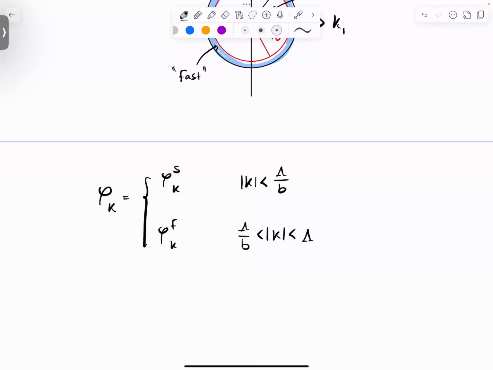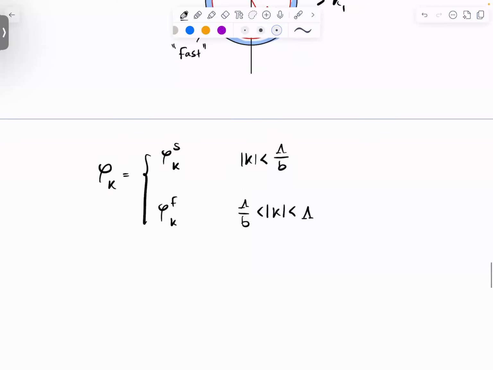And lambda is our higher energy cutoff. Nothing exists beyond it. And again, b is some number larger than 1. Okay?